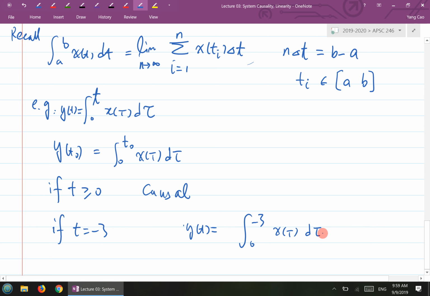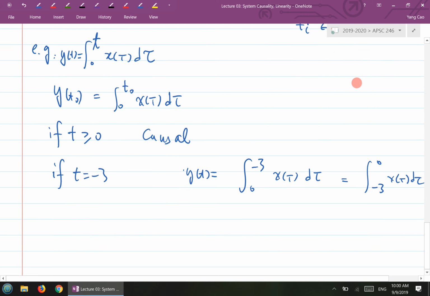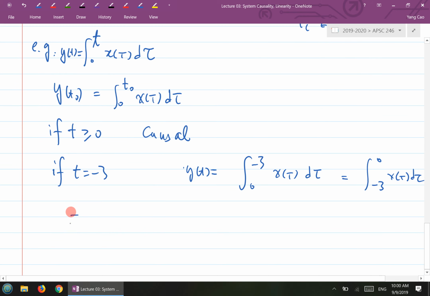So if you pick a value, let's say t naught equal to negative 2, then the current value y of negative 2 involves what?